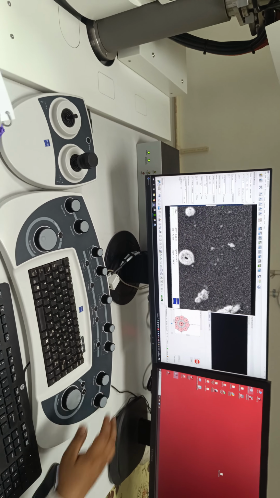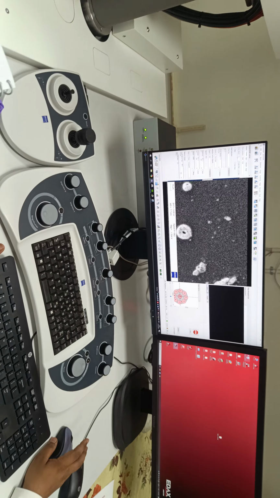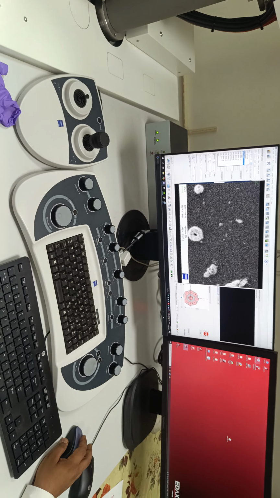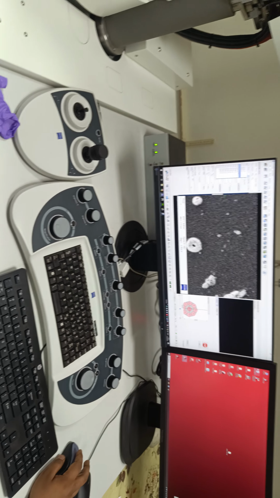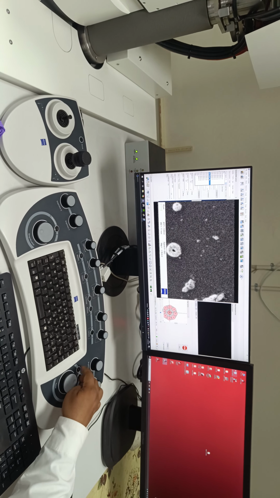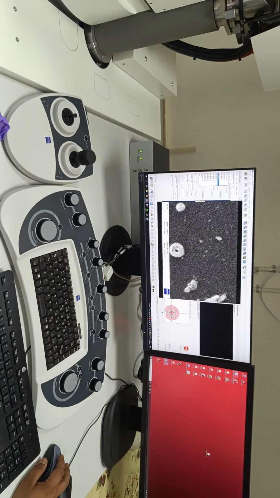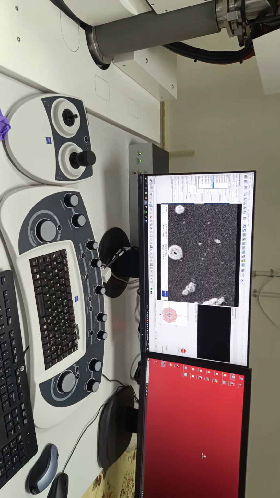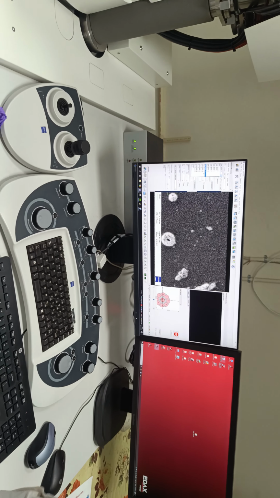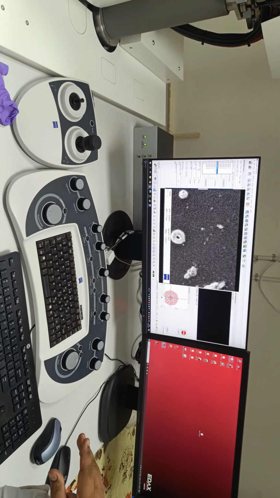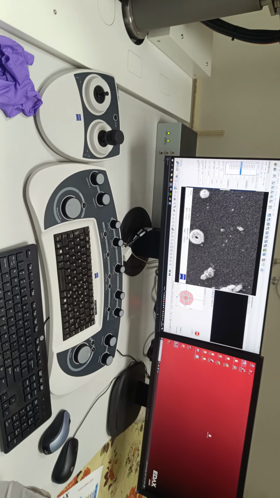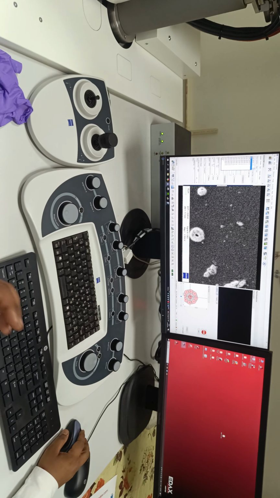These two buttons control the scan speed, and there are further controls here too. A higher number means a lower speed. Okay, got it.